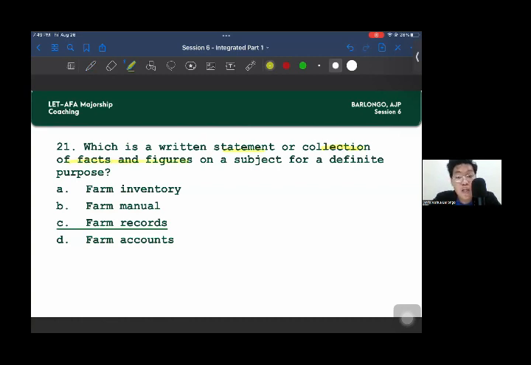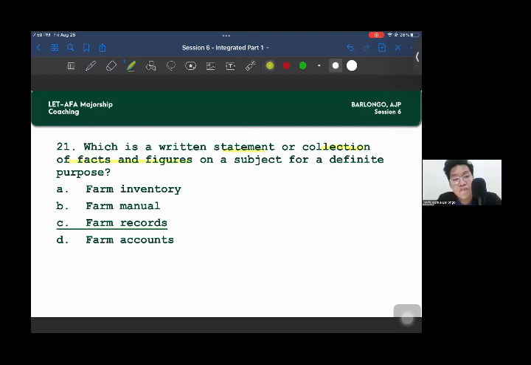So when we are pertaining to a collection of facts or figures, it can be your record, right? You can also utilize those context clues na meron sa question.